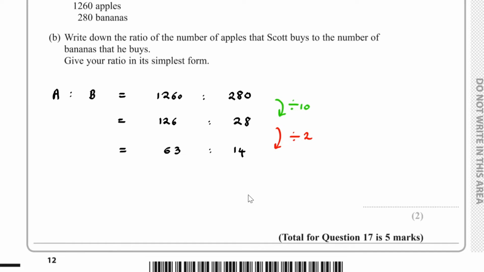And then we can divide both sides by 7. So if we divide both sides by 7, it turns out here we get 9 to 2. So that's our ratio, 9 to 2.